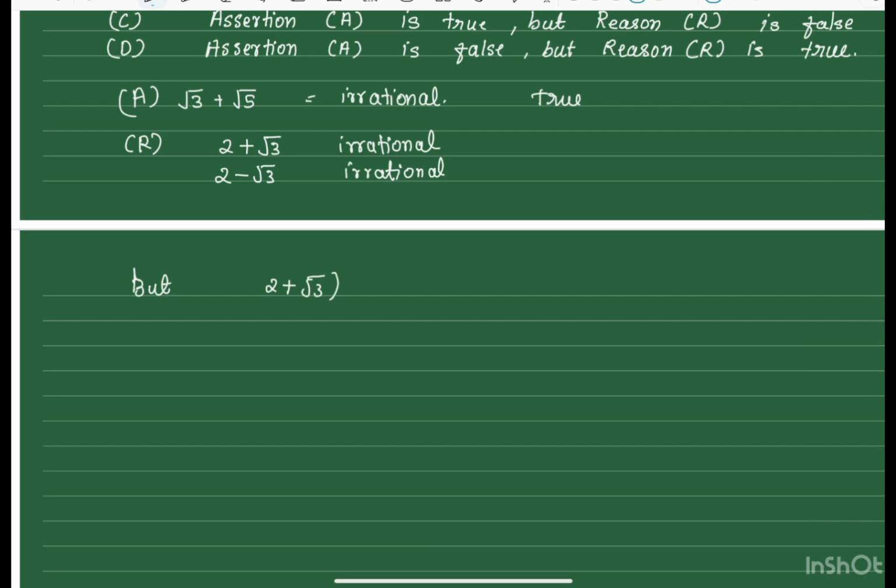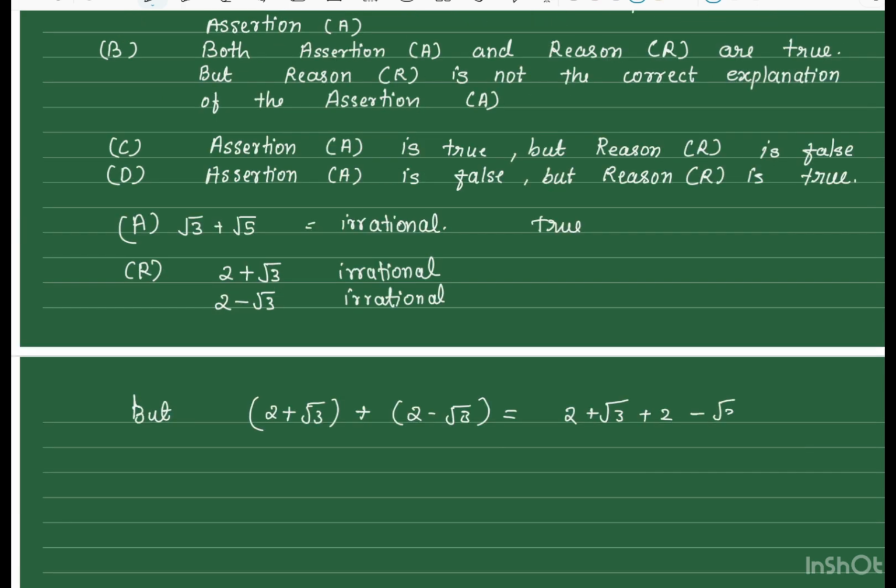But 2 plus root 3 plus 2 minus root 3 is equal to 2 plus root 3 plus 2 minus root 3. It can be cancelled. So the answer is 4, which is a rational number.